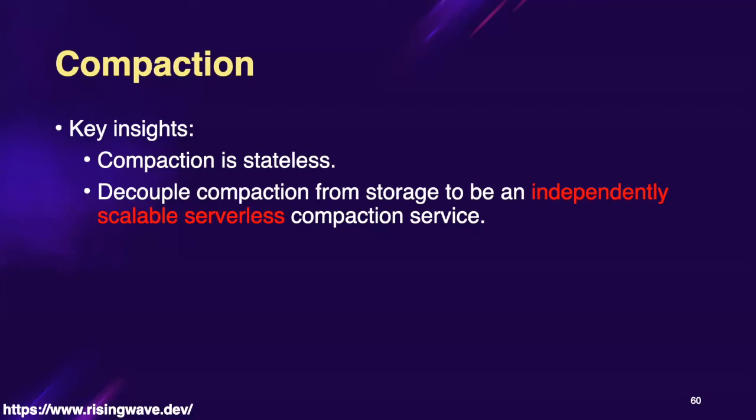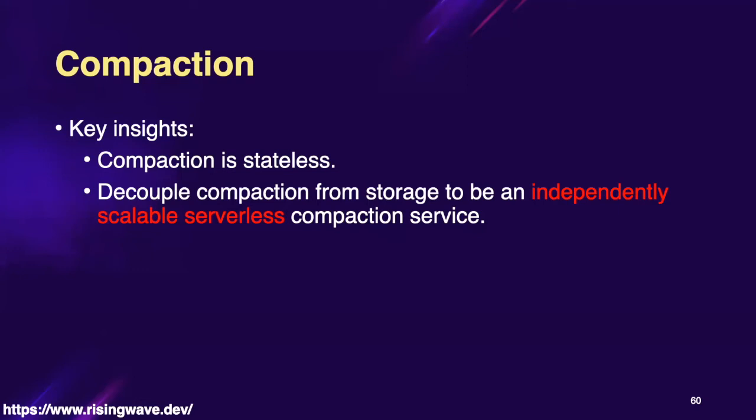But the good thing is that we can trigger a lot of Lambda functions because Lambda function is cheap, right? And also you don't really have a limitation on the number of Lambda function instances you can trigger. So if we have a lot of demand from compaction, we can just suddenly trigger a lot of serverless functions to do the compaction, right?